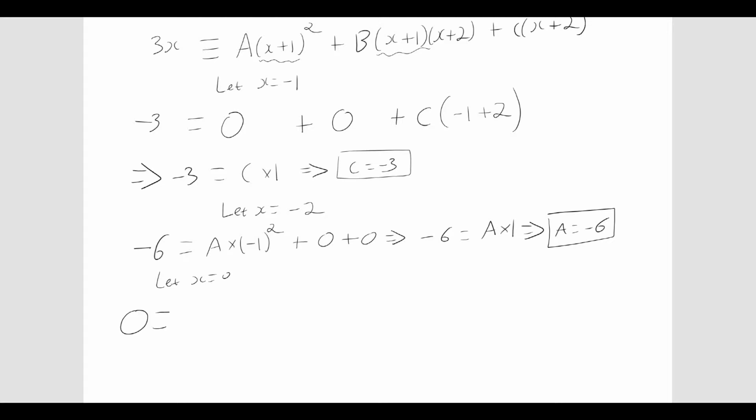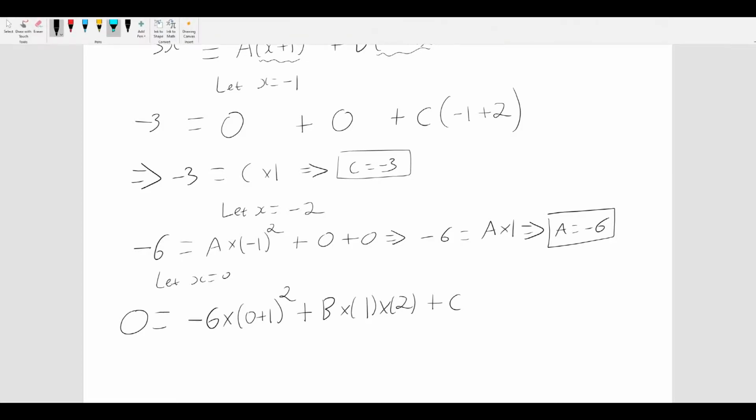On the right I have a times x plus 1 squared. Remembering now a is minus 6. So I have minus 6 times 0 plus 1 squared, plus b times 1 times 2, plus c, but we know c is minus 3 now, so I can replace that c with a minus 3.